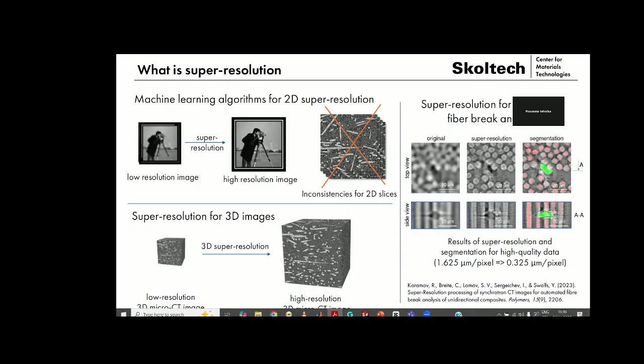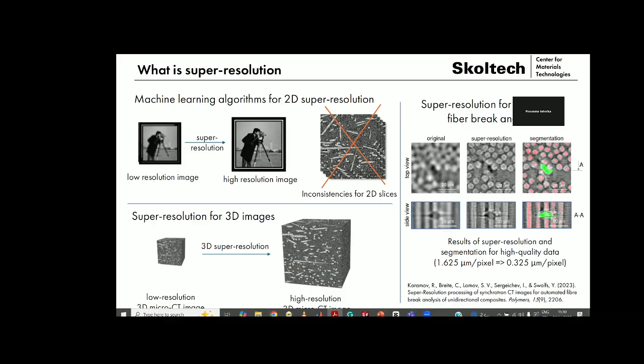And our idea here is to take this industrial low quality CT images and increase their resolution with the use of machine learning techniques. Basically, there is a term, super resolution, where we have a low resolution image, apply a machine learning algorithm, and get a high resolution image.